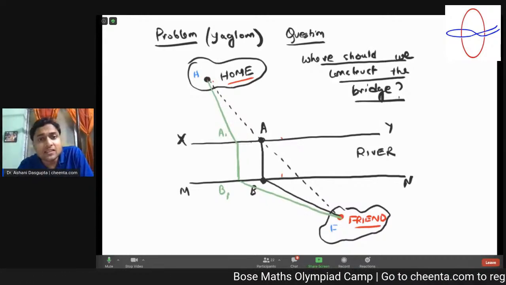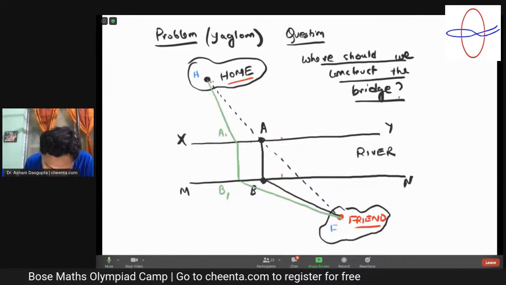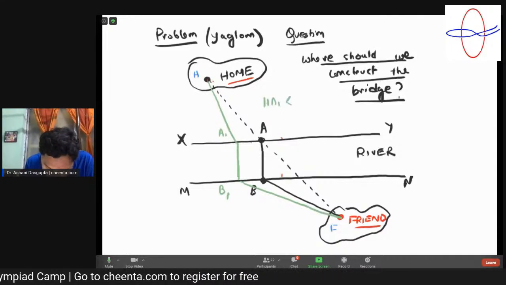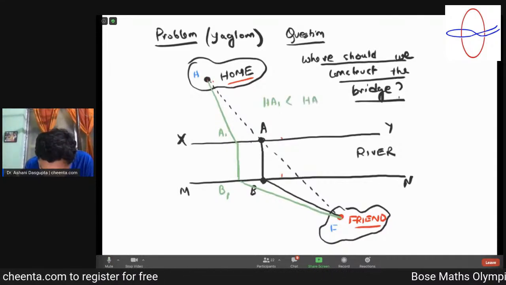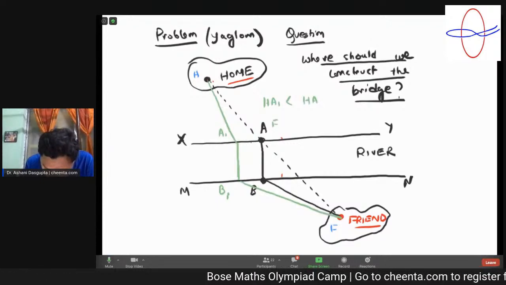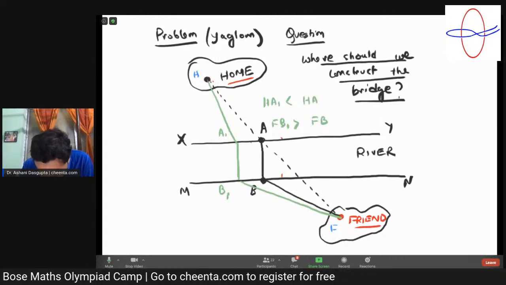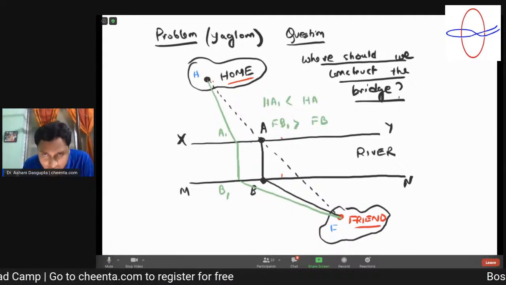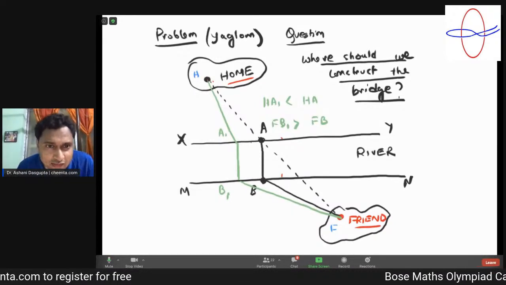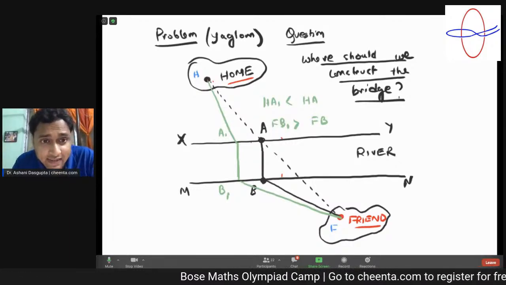So, for example, in this particular picture, I can see that HA1 is shorter than HA. Yes, sir. But FB1 is longer than FB, right? It sort of looks like that.